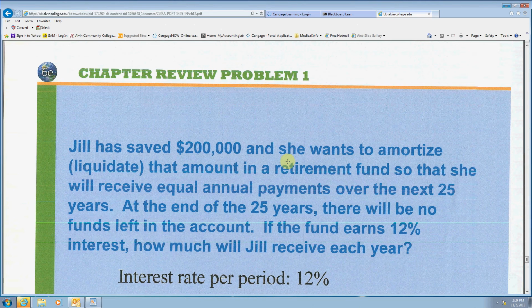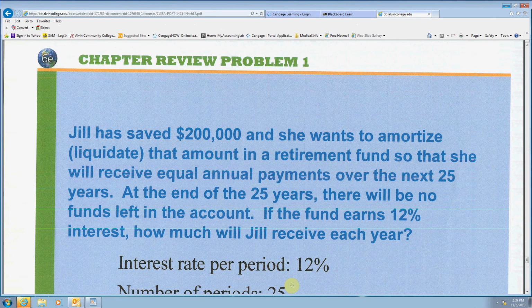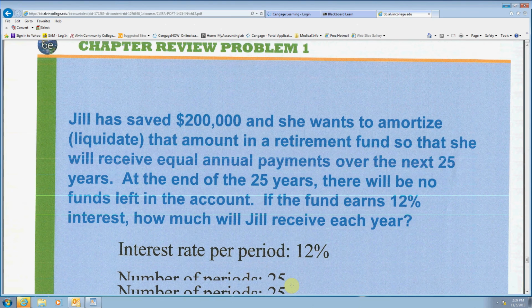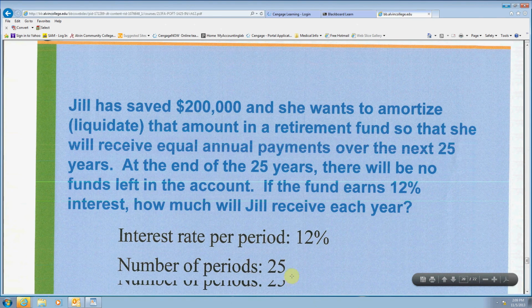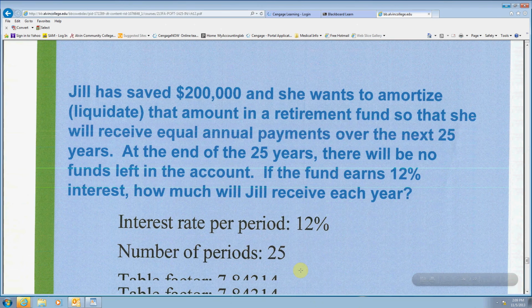Since she will receive payments annually, it's one time a year, her interest rate per period is 12%. The number of pay periods is 25. She's getting paid one time for each of the 25 years.